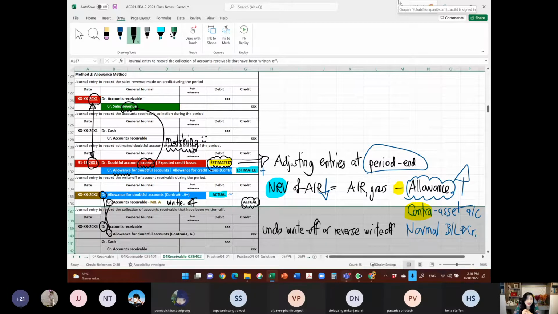It's okay, it's normal, right? And then we have the way to take care of it. Okay, so if you underestimate the expense in the prior year, then this year you increase the amount. If you overestimate the expense in the prior year, then this year you reduce the amount.